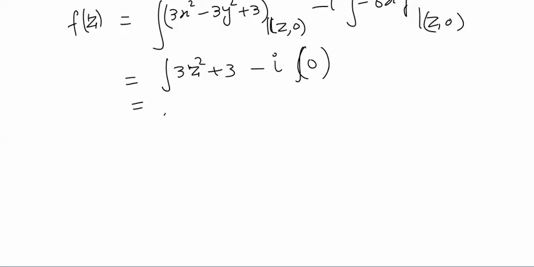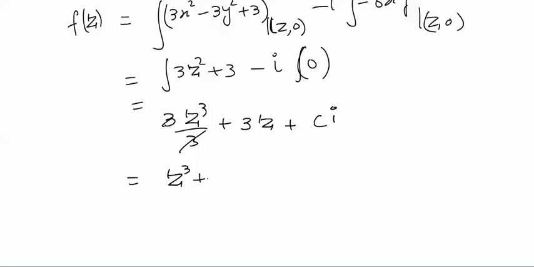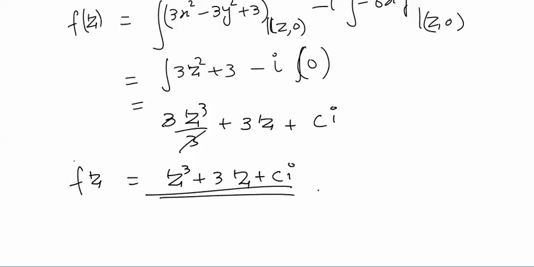So this is basically 3 and z square integration will become z cube by 3, plus 3 of z integration plus you can say c iota. This gets cancelled out, so it will become z cube plus 3z plus c iota. That is your f(z), the analytic function which you are looking for. Correct?